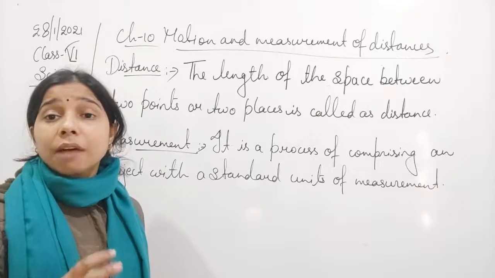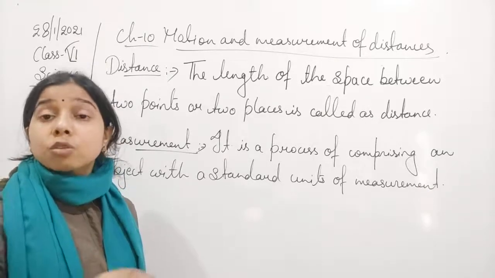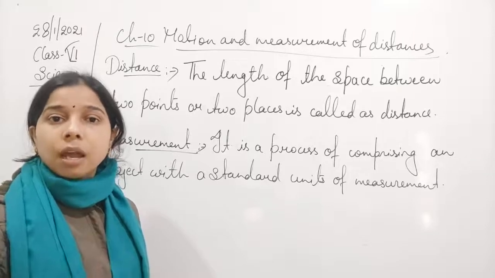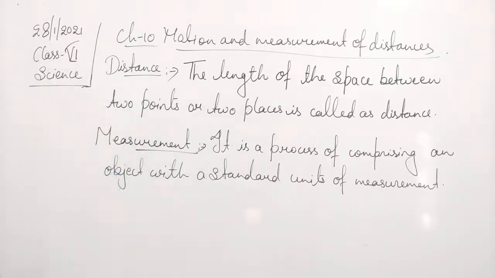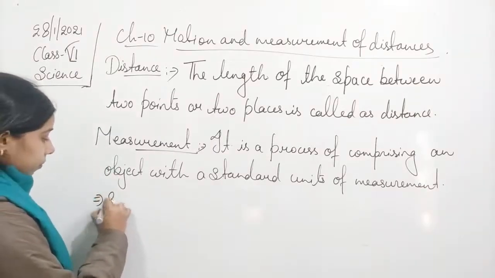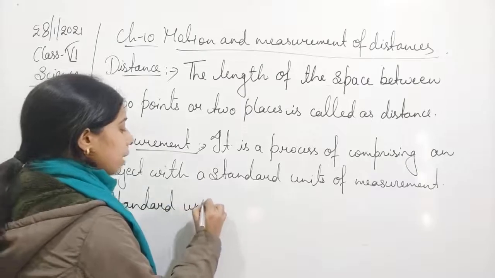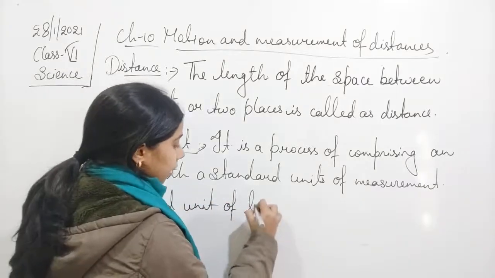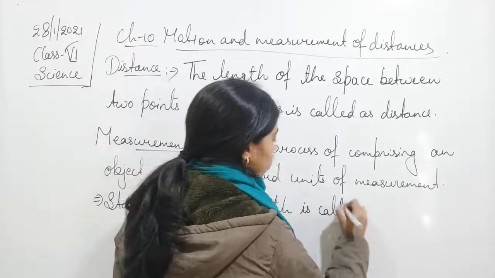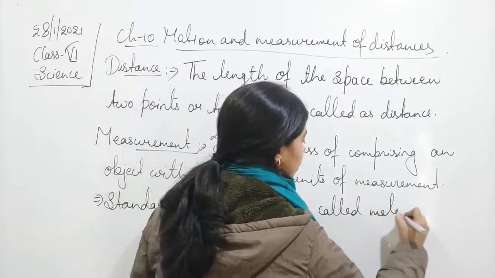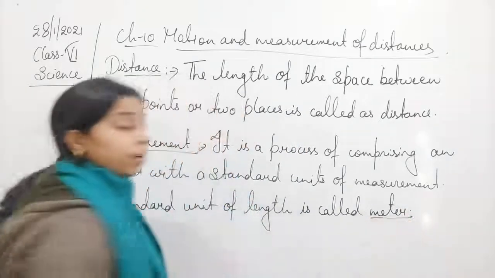If suppose we have to measure the length of an object, the distance of an object, we will use a standard unit, and that standard unit is the meter. The standard unit of length is called a meter.